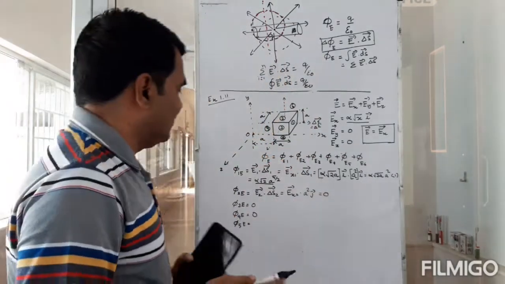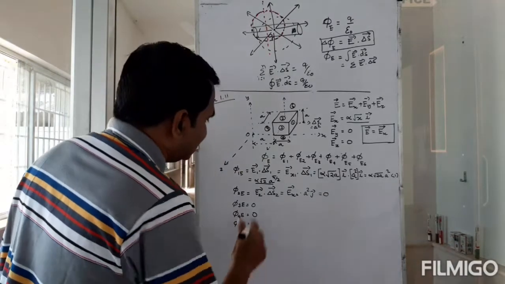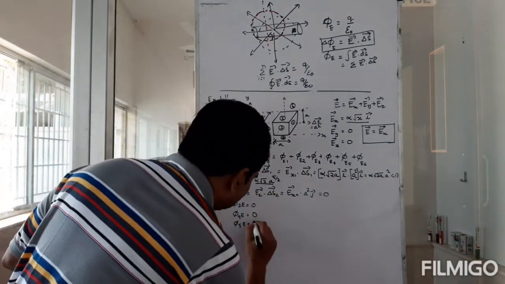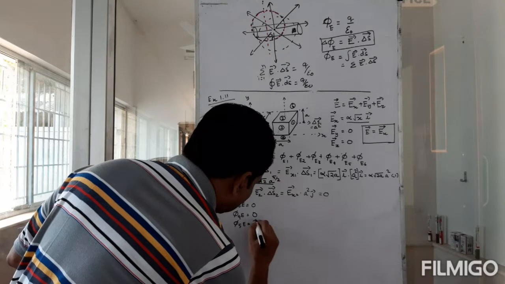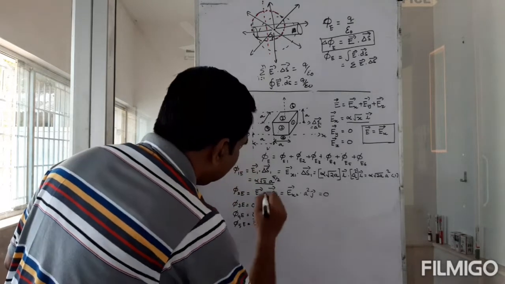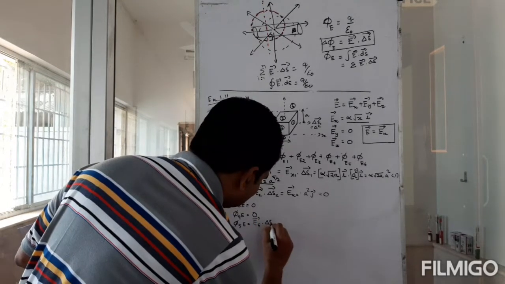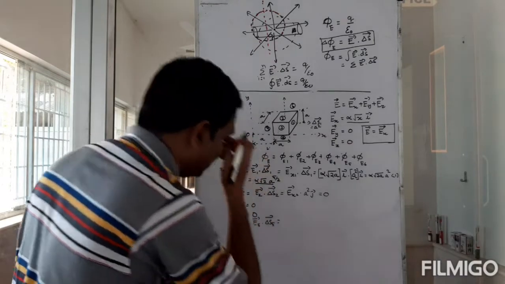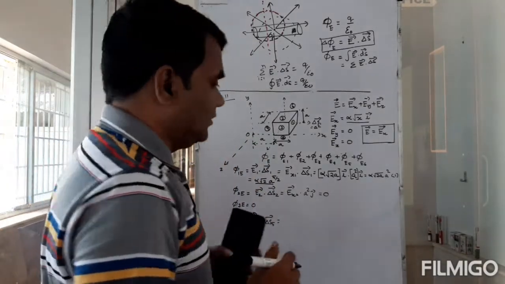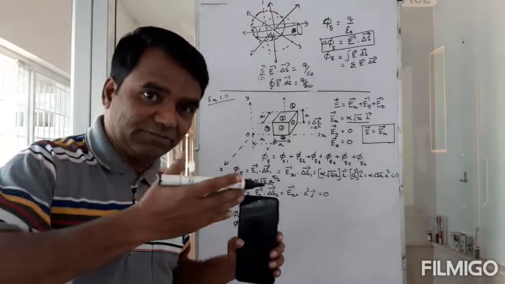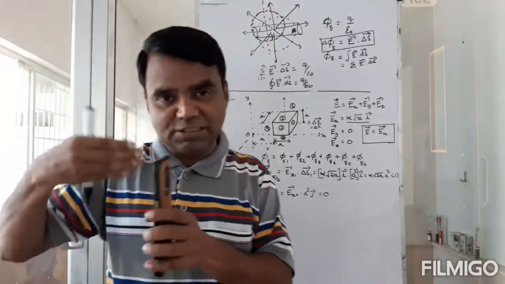So phi E is actually E phi vector dot delta S phi. And what is E phi vector? Well, E phi is in this direction, at this point.